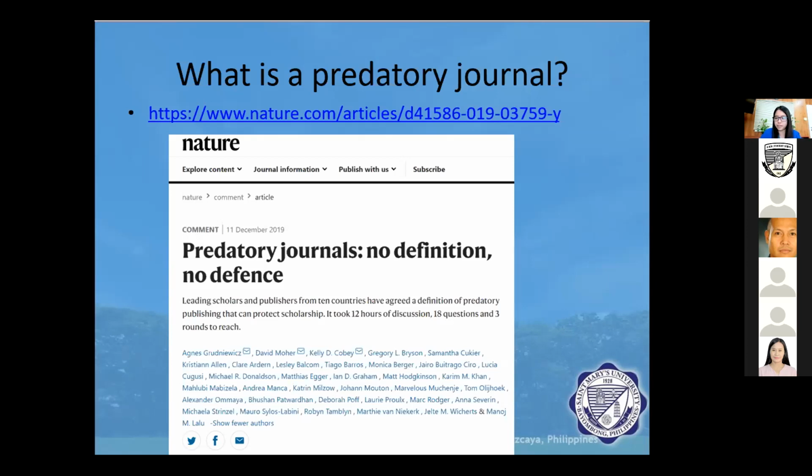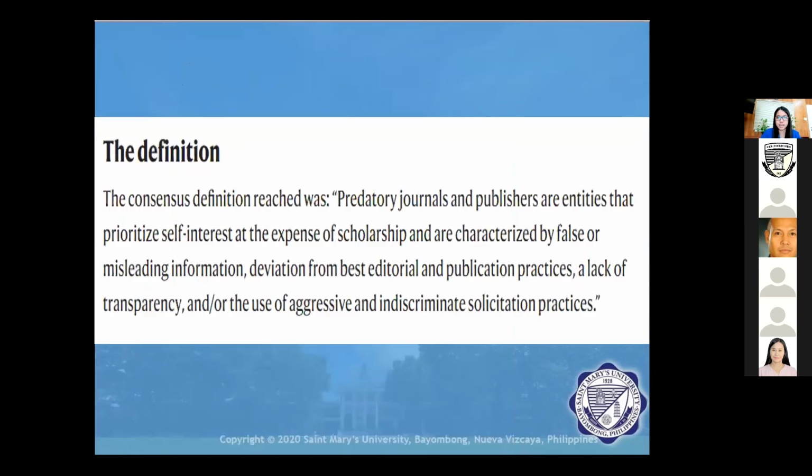Now, based on the definition of these leading scholars, the 35 authors here came up with this definition: predatory journals and publishers are entities that prioritize self-interest at the expense of scholarship and are characterized by false or misleading information, deviation from best editorial and publication practices, a lack of transparency, and or the use of aggressive and indiscriminate solicitation practices. So this is the definition.